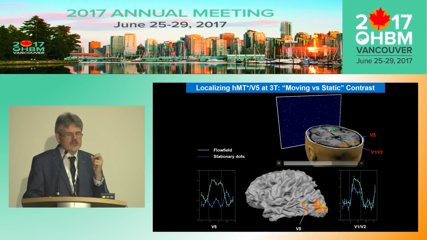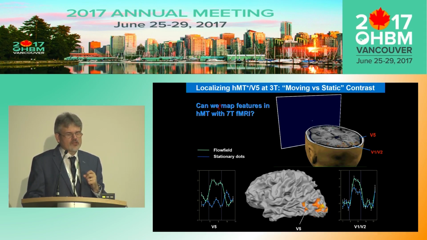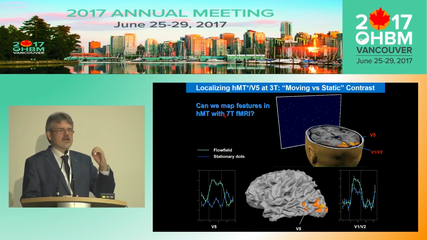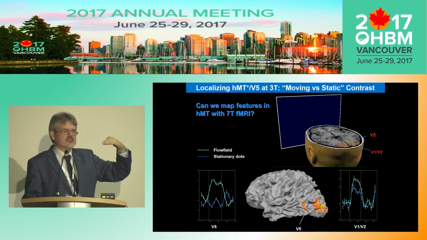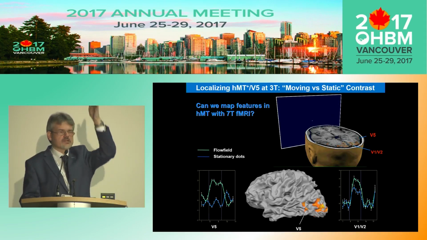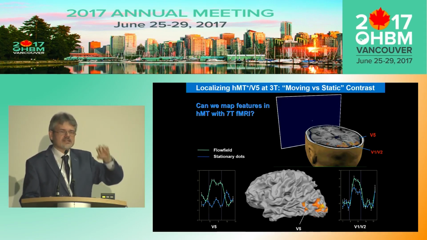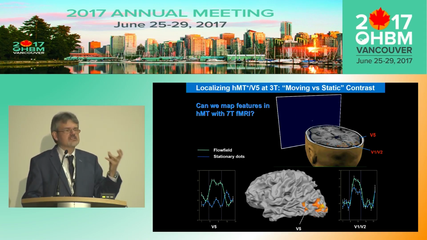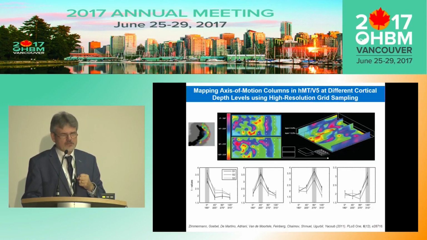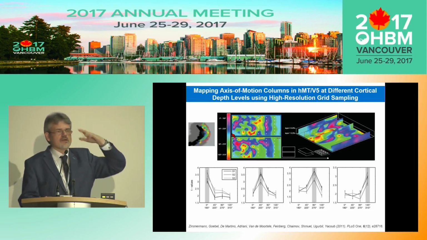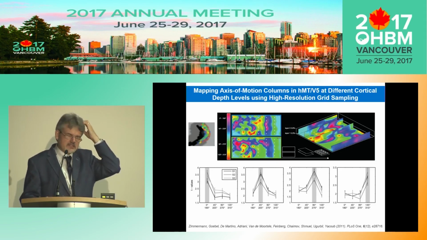But now comes what we can do at high-field imaging. We can ask what features are there. Can we separate within this area regions for, say, horizontal motion, vertical motion, oblique motion, and partition the cortex tangentially into these different features, like we have seen for the orientation columns in V1? And indeed, that's possible. We could show this with 7 Tesla, and the different colors now show not orientation, but different axes of motion, the feature which MT is coding.